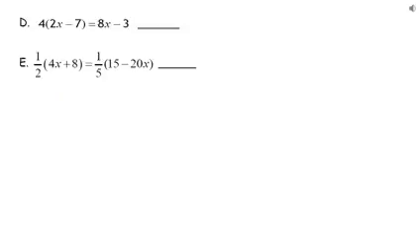All right, letter D. Here, the first thing we need to do is distribute that 4. So 4 times 2x gives us 8x. 4 times negative 7 gives us negative 28, so minus 28 equals 8x minus 3.